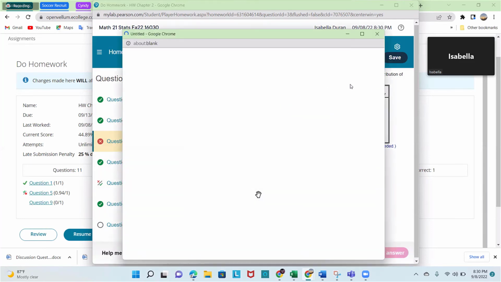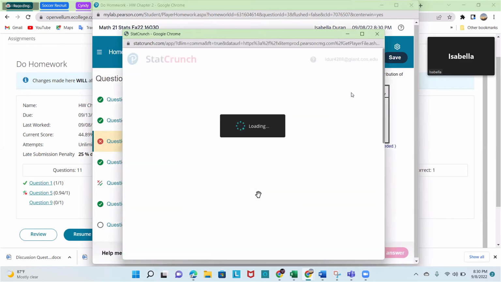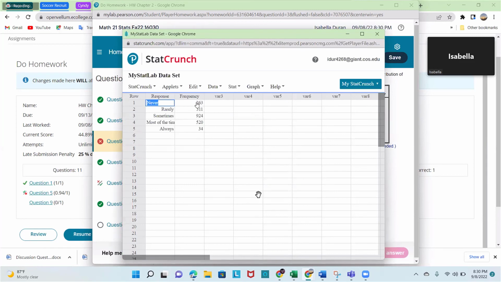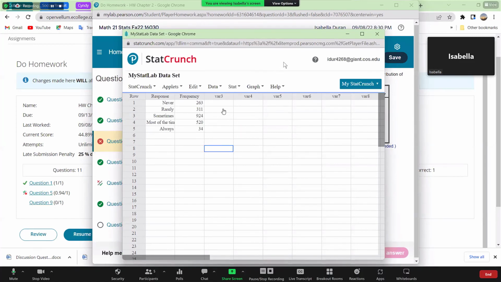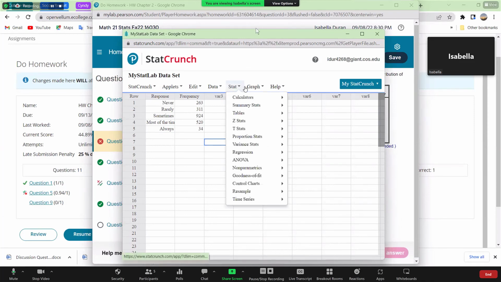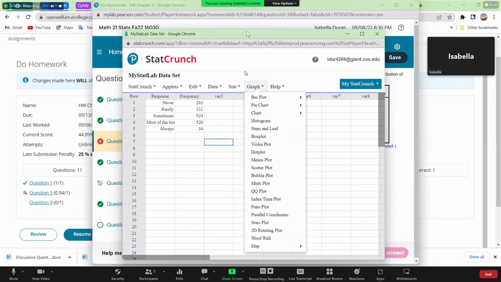Open the StatCrunch. We just did a problem that was similar to this. They were asking you for relative frequency, right? Is this one you can do in StatCrunch? You might have to do it by hand.